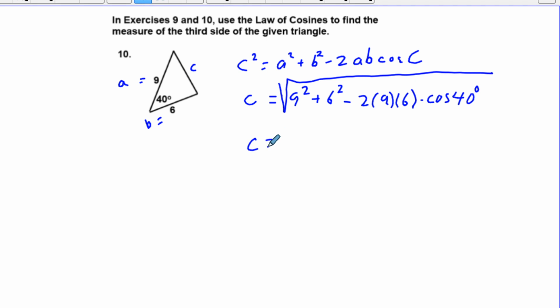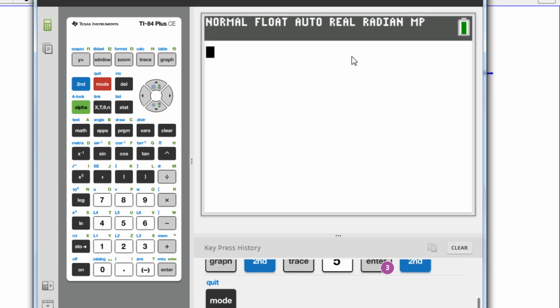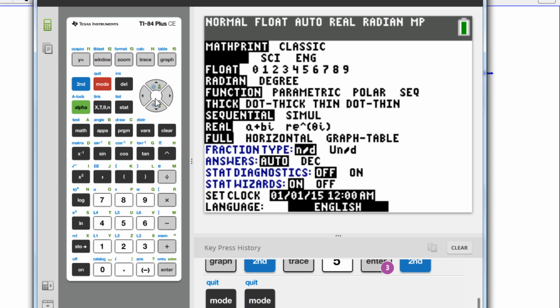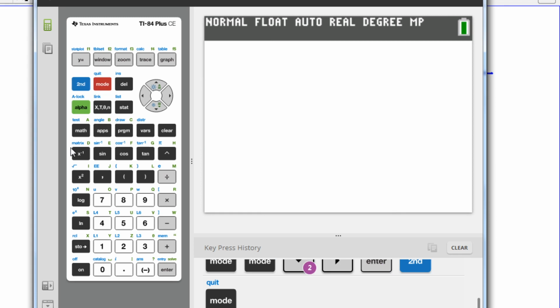So C, going to our calculator, is, let me get out of here, and we are in radians, and our problem is in degrees. Let me go ahead and change the mode and change this over to degrees. There we go.